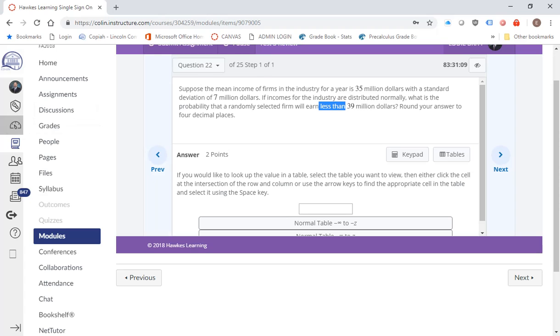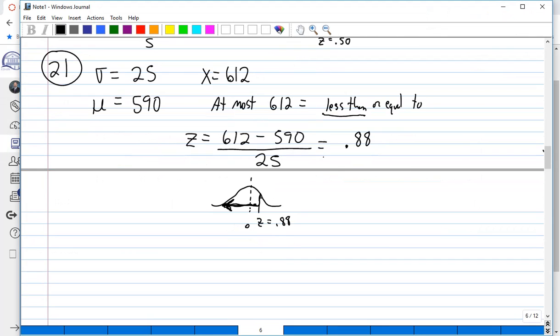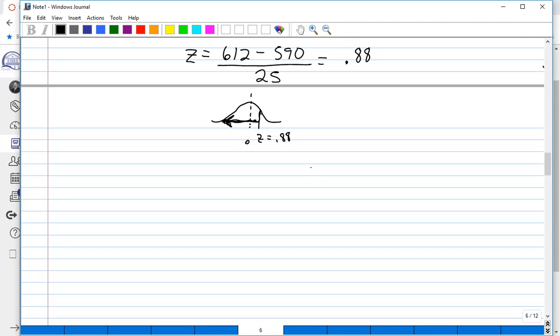Okay? So, let me write down everything that we're doing here. So remember, we had a mean of 35,000. So you can call it x bar or you can call it mu here. It really doesn't matter. It's our best estimate that we have.